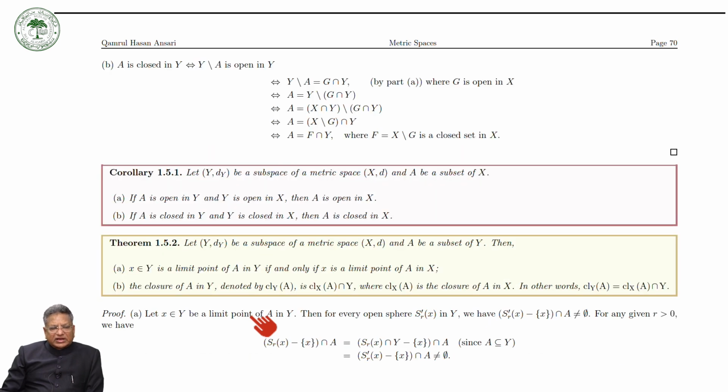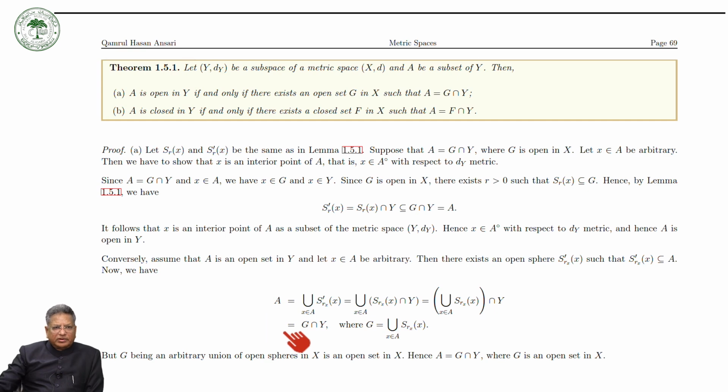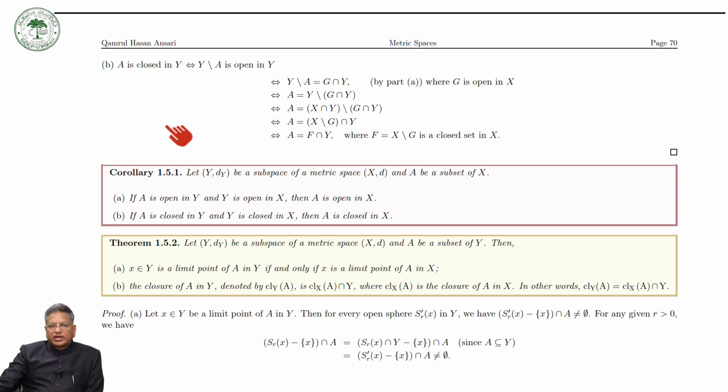Now let us prove the second part. The second part is very simple, because we have already proved that a set is closed if and only if its complement is open, or a set is open if and only if its complement is closed.